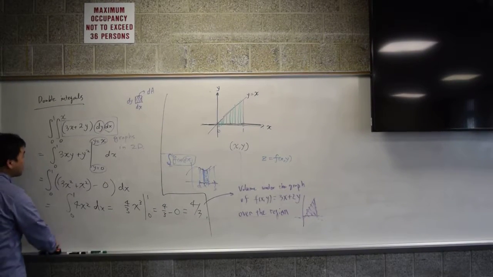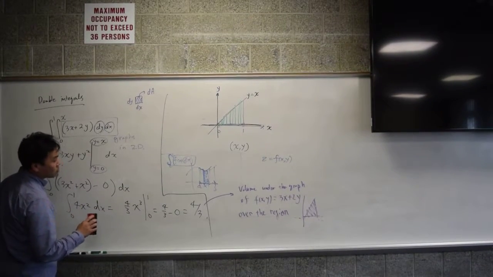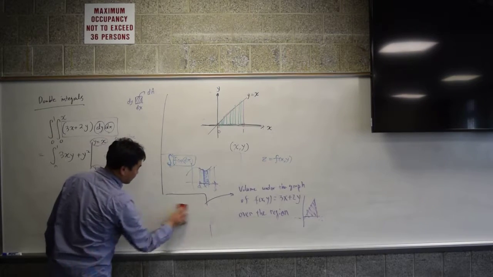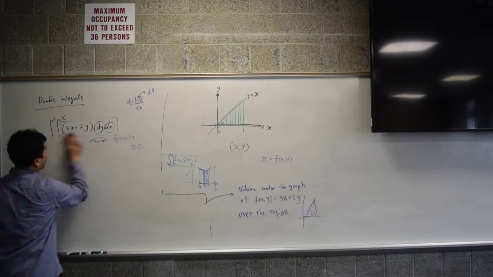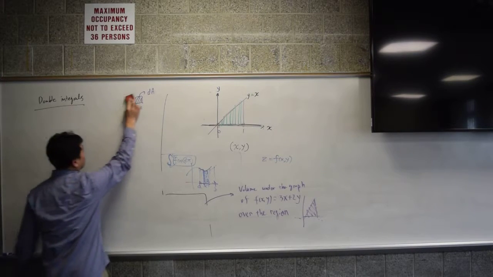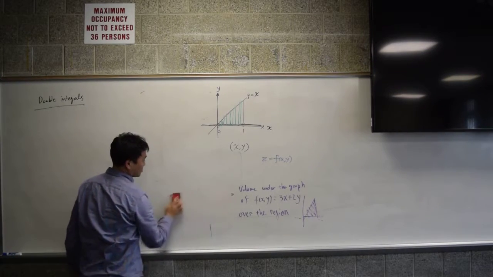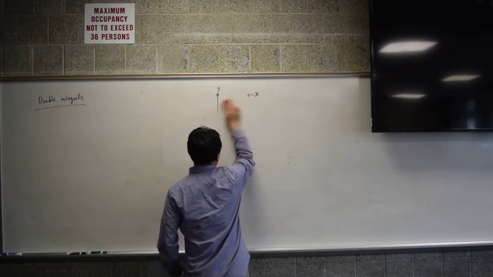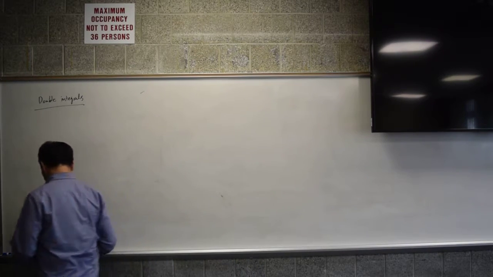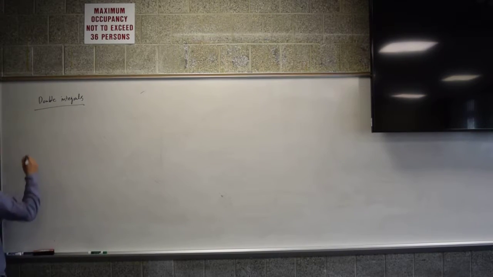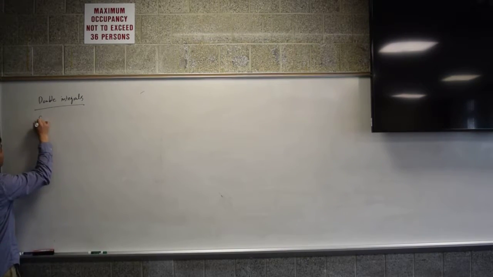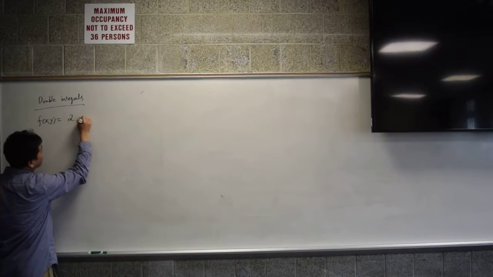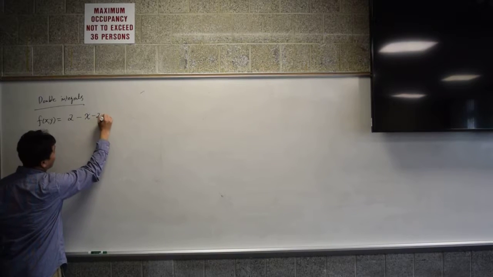All right. So let me do another calculation, which may be easier for you to understand. Consider the following function. f(x, y) equals 2 minus x minus 2y.